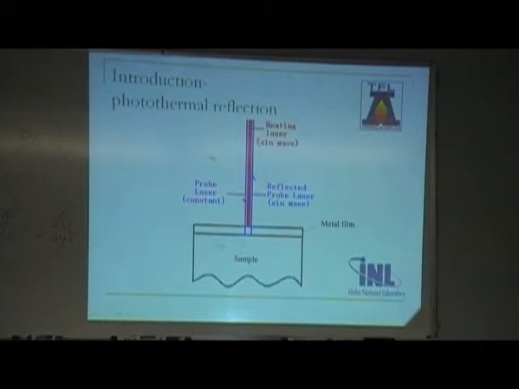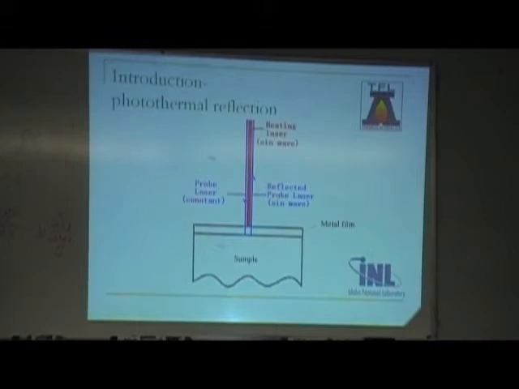And the heating laser is a sine wave laser, so the heat source here on the surface is also a sine wave. And the probe laser, which is constant before the reflection, will become a sine wave laser because it can show us the thermal distribution on the surface.